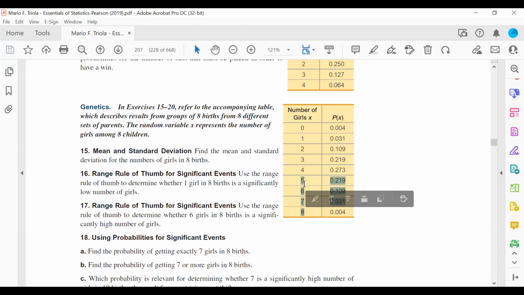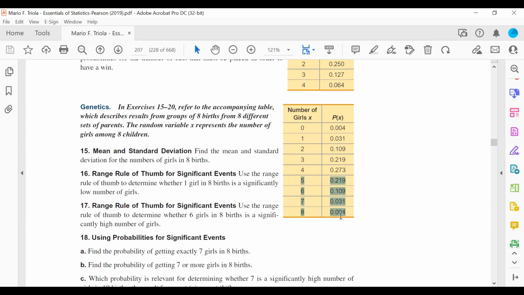So what are you going to do with the values of the P of X when it's 5 or more? You're going to add the value at 5, you're going to add the value at 6, and so on. You add all those numbers, not the X, but those P of X numbers, and that'll give you the probability of 5 or more.